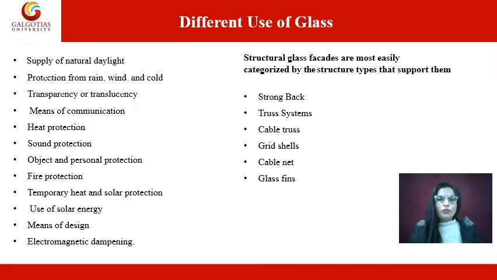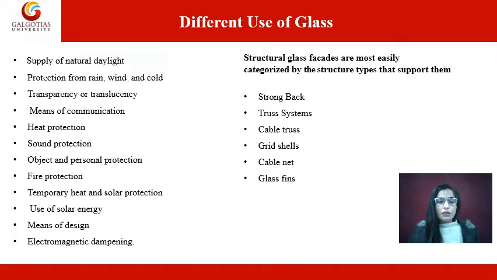So here we have different uses of glass. As we all know, glass is transparent and translucent, so it helps in the supply of natural daylight. It gives protection from rain, wind and cold. It helps in heat protection, sound protection, fire protection, use of solar energy, temporary heat and solar protection.